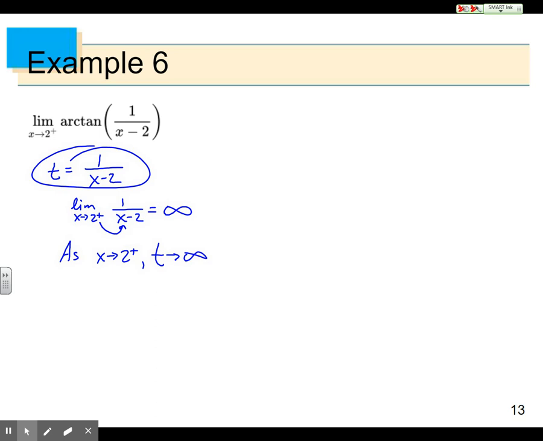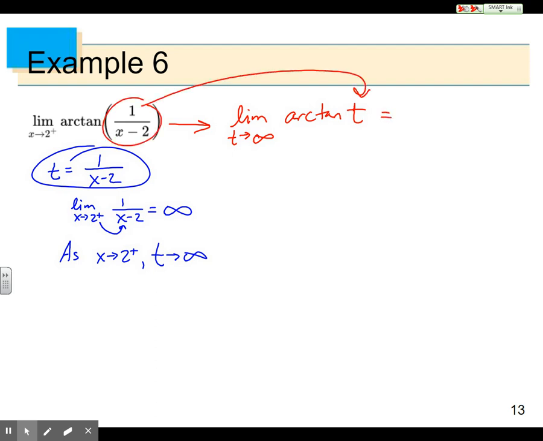And that allows me to rewrite my limit. I can take the limit as t approaches infinity of just arctan t, because all this middle part is simply equal to t.